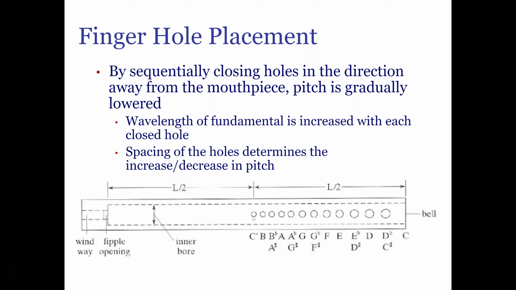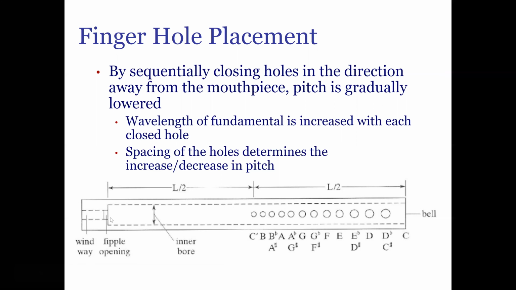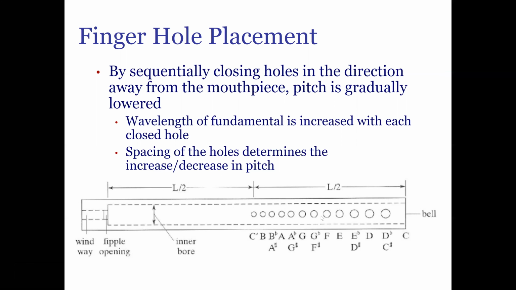Closing each of these would lower the pitch progressively until you get to the far end. The spacing would determine the exact pitch you get. So you would want it such that the length to the D flat would give you a wavelength that's just short enough so that the frequency goes up by a half step, and then another half step and another half step, and so on.